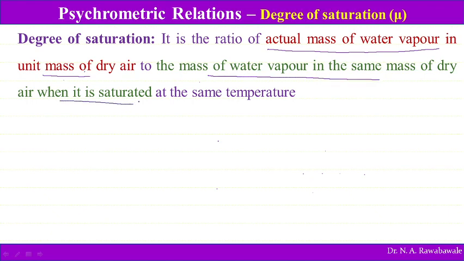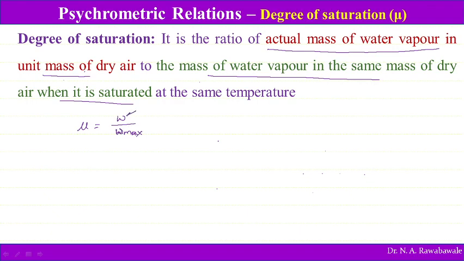So when air is saturated, we have defined this as the ratio. So indirectly we say mu is equal to omega divided by omega max. Omega max means when air is saturated.